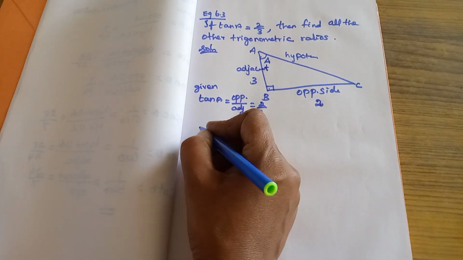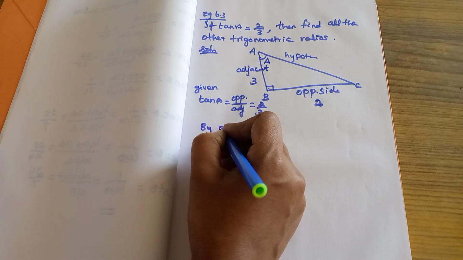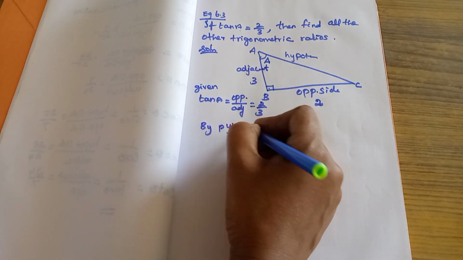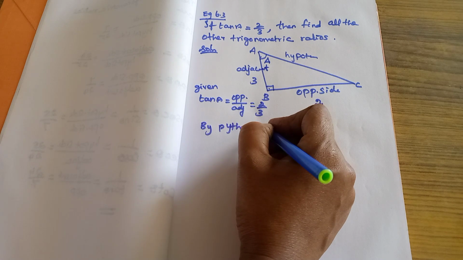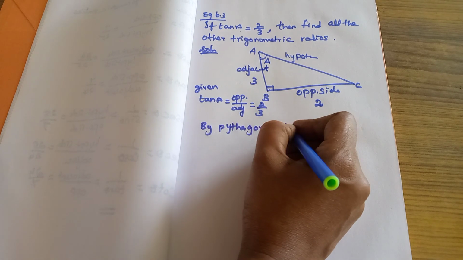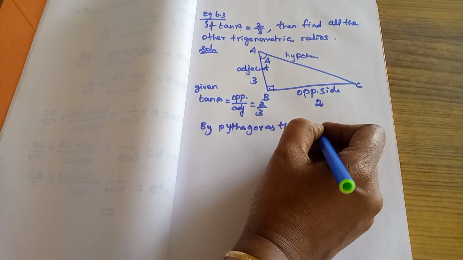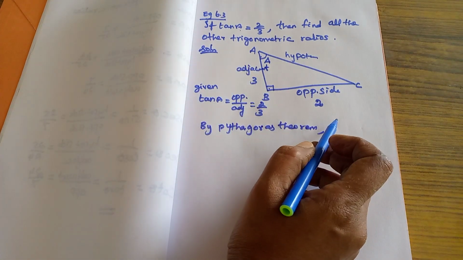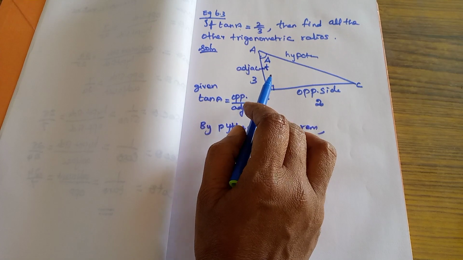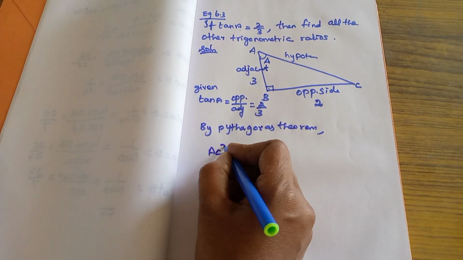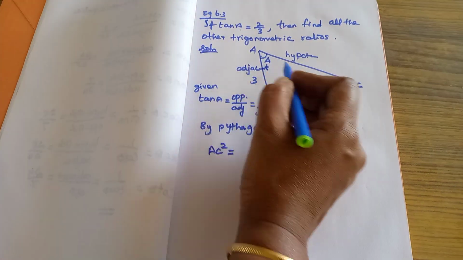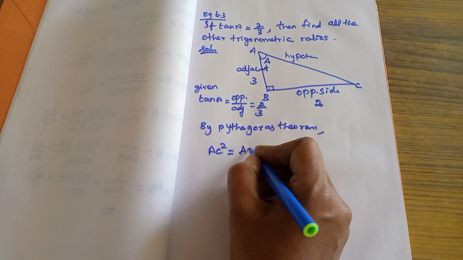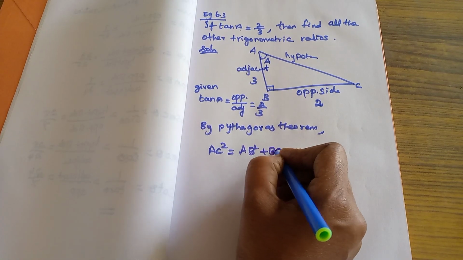By Pythagoras theorem, we have to find AC. The square of the hypotenuse is the sum of the squares of the other two sides. So AC square is AB square plus BC square.